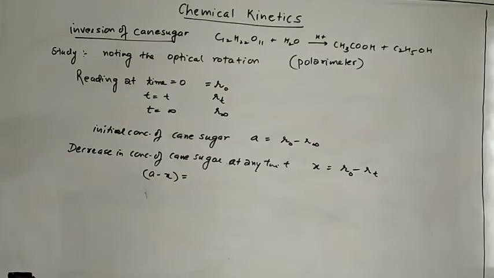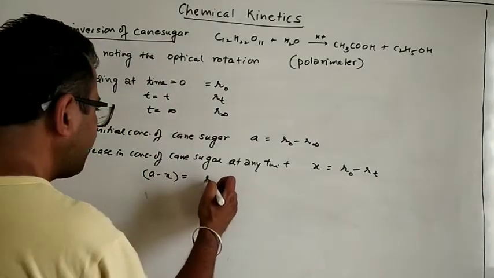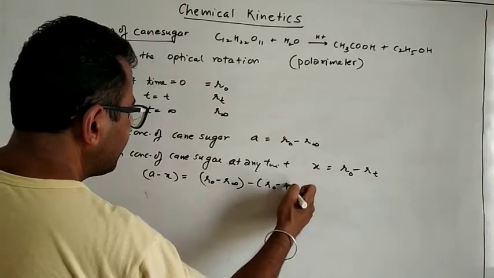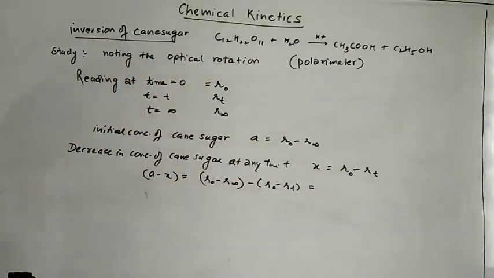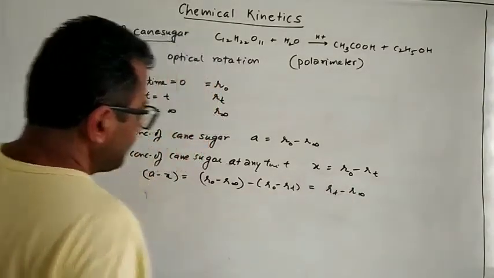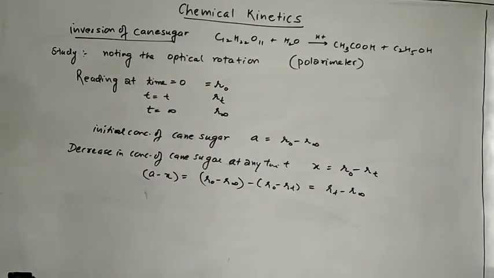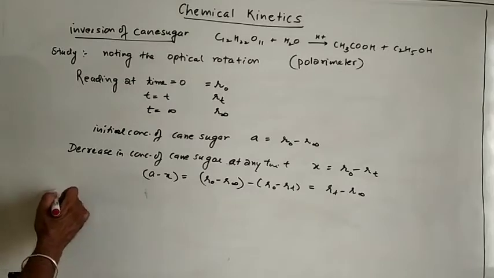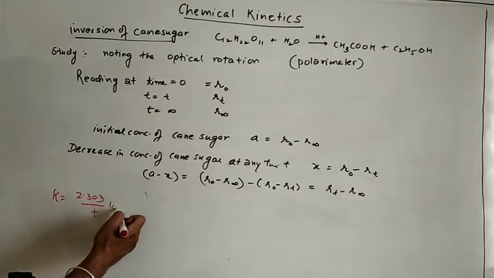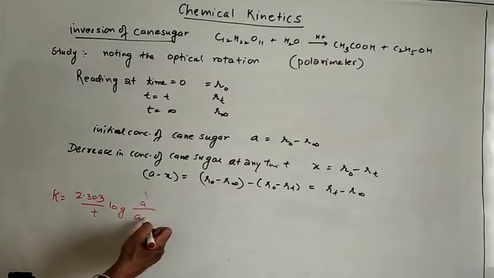The value of a is r naught minus r infinity, and the value of a minus x is r naught minus rt, so this becomes rt minus r infinity. So now put in the equation. Our equation of first order kinetics is k equal to 2.303 by t log a by a minus x.